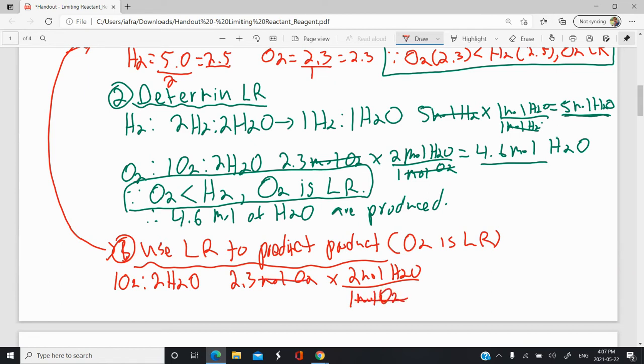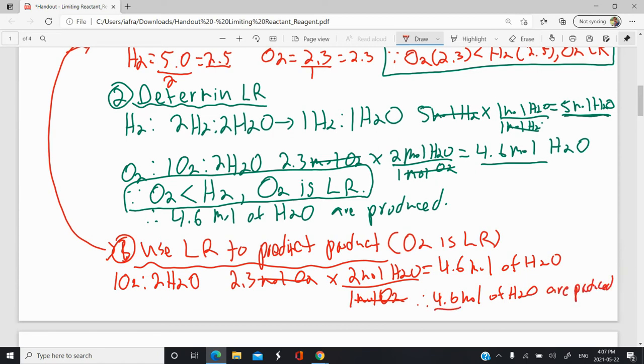Cross out moles of O2, and you would have had 4.6 moles of H2O. And then you could write your therefore statement. So therefore, 4.6 moles of H2O are produced.